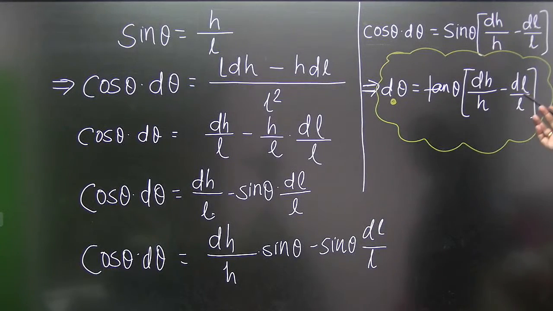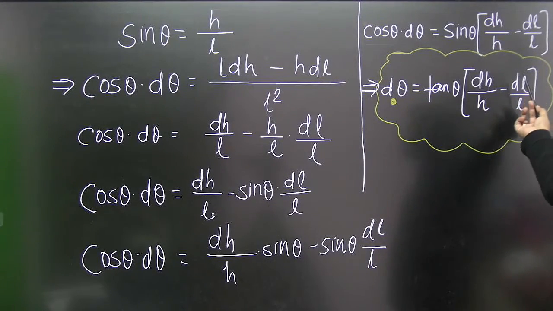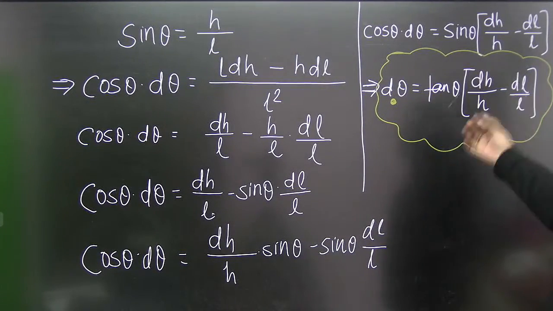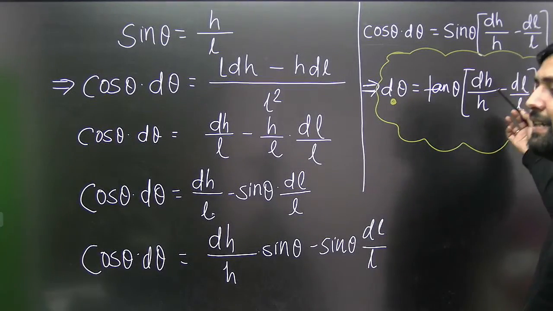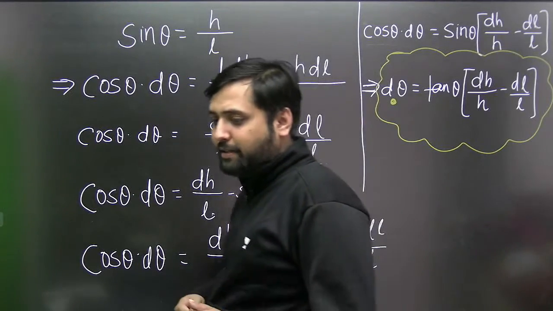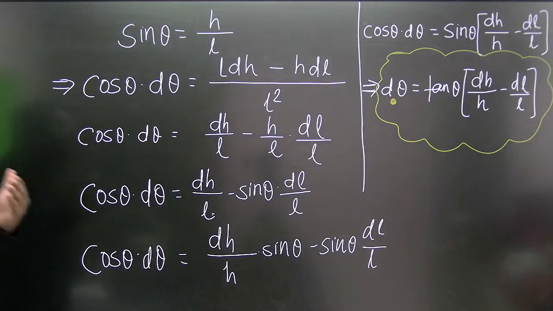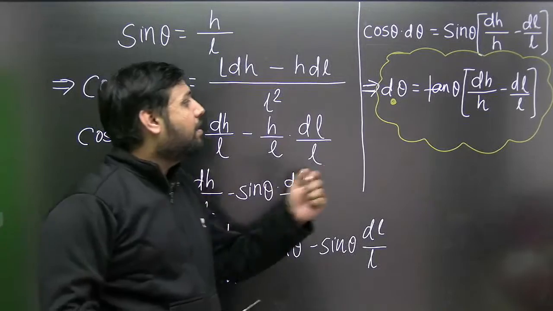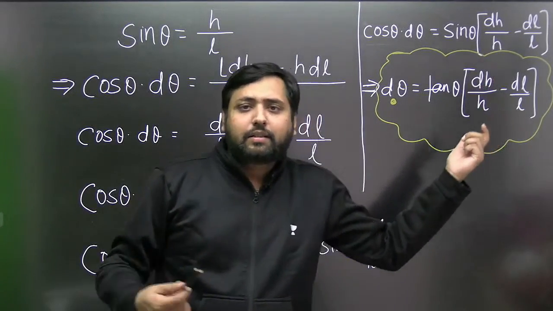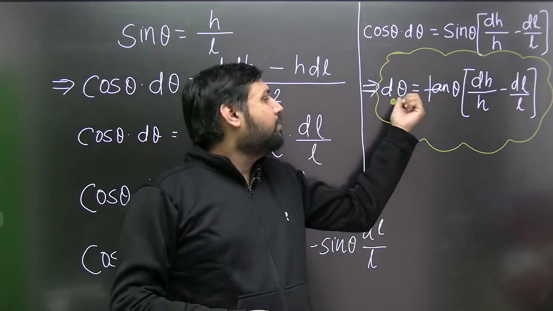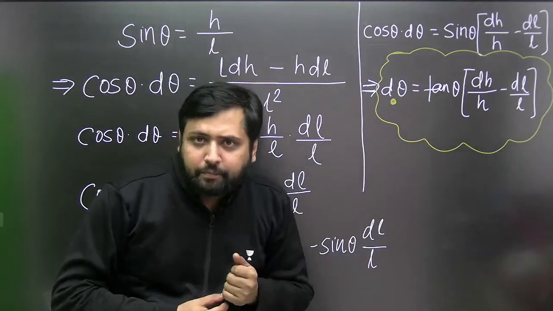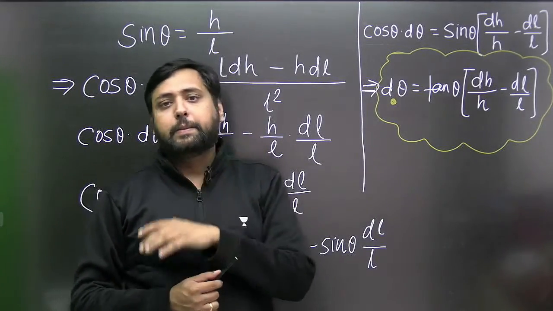What is dH? dH is the error in the slip gauge height pileup. And what is dL? dL is the error in the length of the sine bar. So if you have some error in the length of the sine bar, that dL, or some error in the slip gauge pileup, you can easily find how much will be the error in the angular measurement.